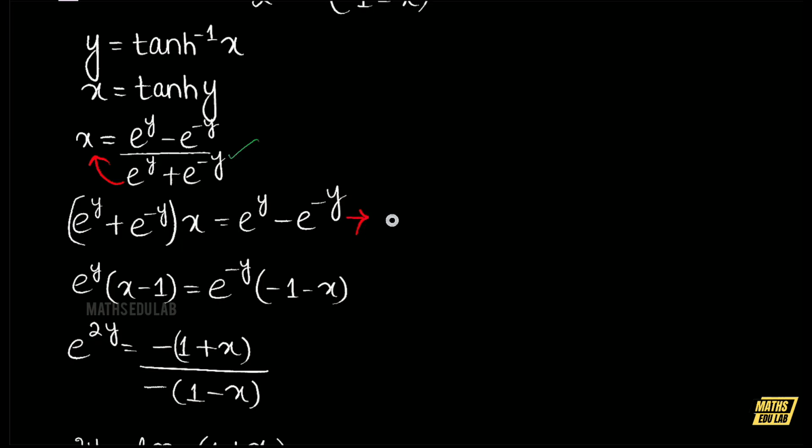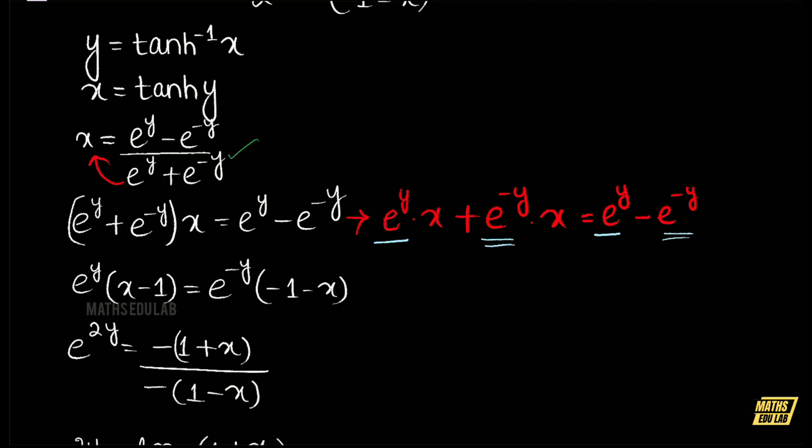Then after substituting, you can multiply this value to the other side, and we can write this statement as this. Then on multiplying, we get e to the power of y into x, then plus e to the power of minus y into x will be equal to e to the power of y minus e to the power of minus y. Then if you see here, there are two terms where we have the power as y, and again these are the two terms where we have minus y as the power value.